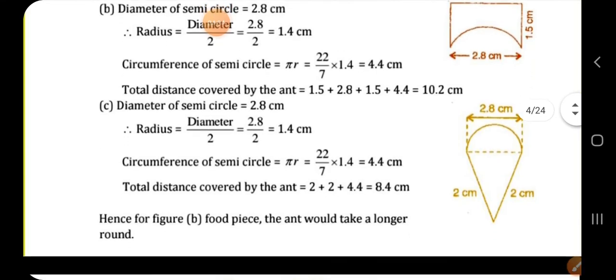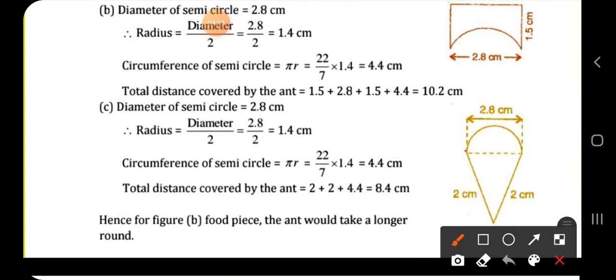Now for the third figure, we have to add these two sides plus the circumference of this semicircle. The lengths of these two sides are 2 and 2. Now find the circumference of the semicircle.